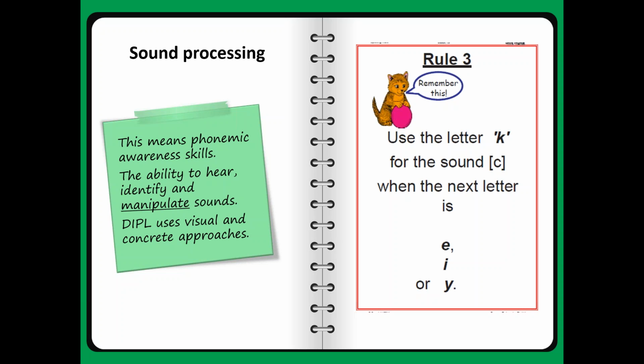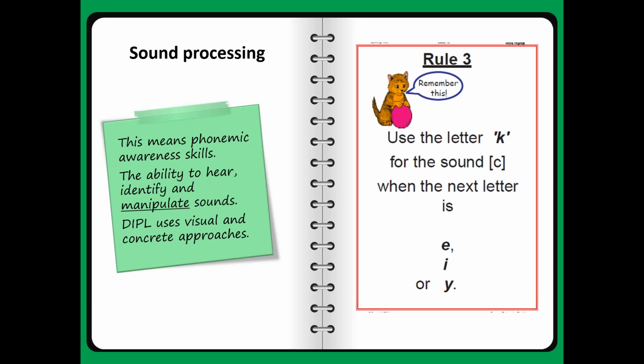A simple but effective rule that they learn early on in the DIPL program is when to use C or K for the sound K. Why does cat have a C and kite has a K, even though they both sound like K? Well, the rule states use the letter K for the sound K when the next letter is E, I or Y, which makes sense why we use K for kite.